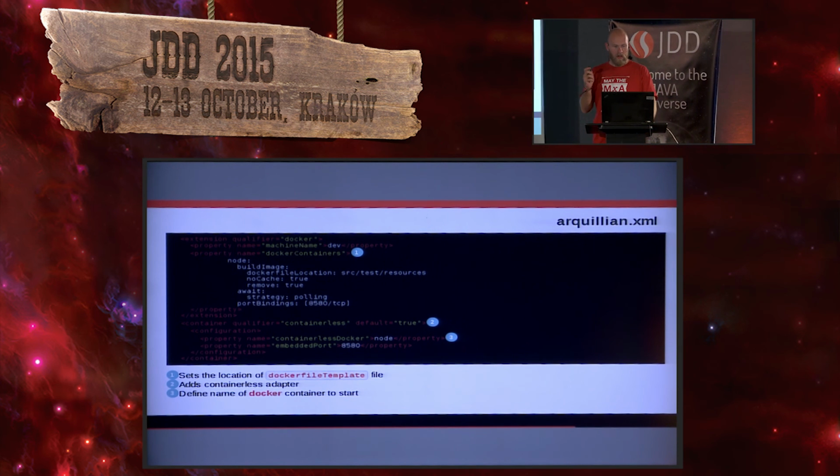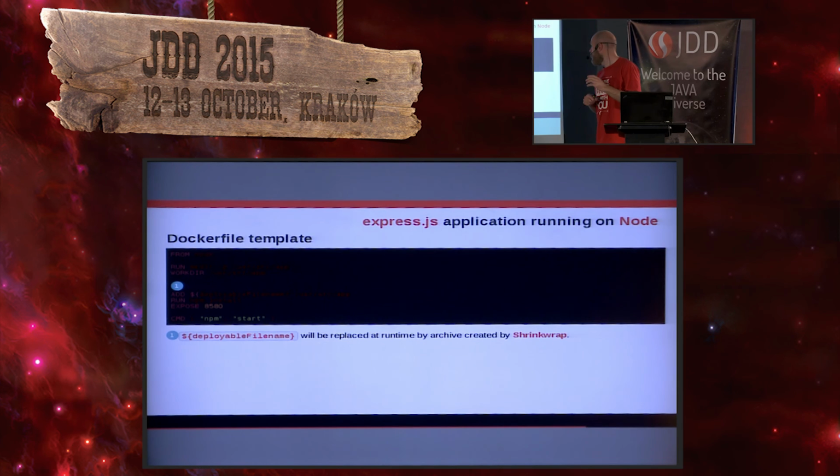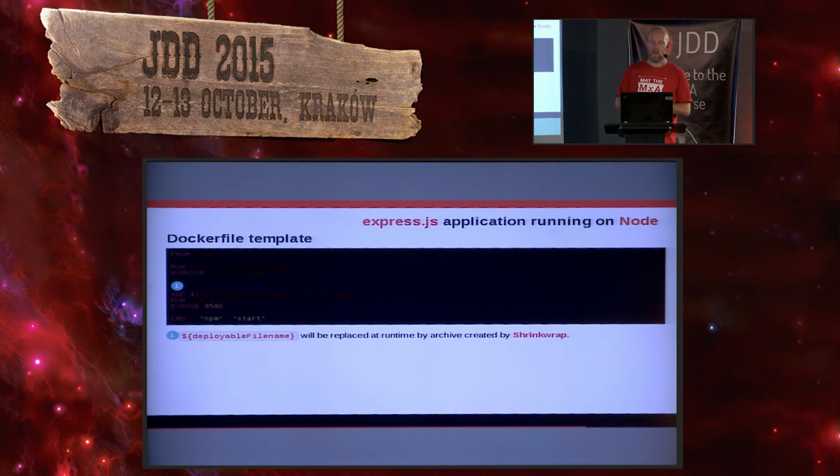And then there's a Dockerfile template. There's some kind of environment replacements that happens. So in this file, we're doing kind of standard stuff. We're inheriting from some file, making the directory, moving that into the working directory and adding a deployable file name, which is what you as a user provide to Cube through the deployment method as a tar file, for instance.